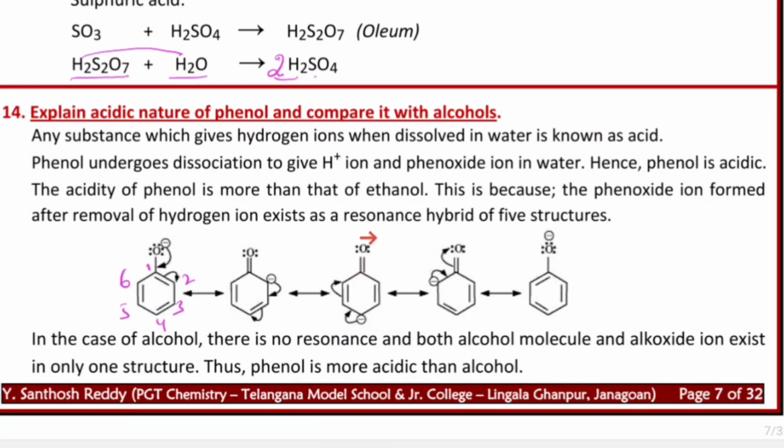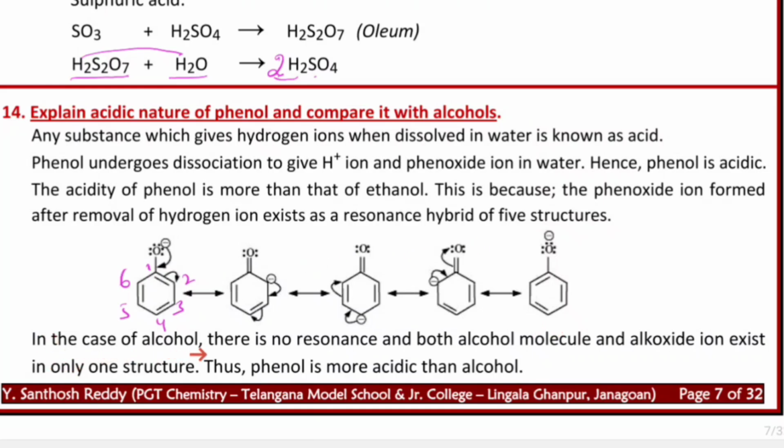You need not write all this explanation, just write the points related to the question and these resonance hybrid structures. The main content here is what are acids. Acids are those which give hydrogen ions when dissolved in water, and next, phenol is more acidic in comparison with ethanol. This is because the phenoxide ion is stabilized due to resonance hybrid structures. That's all. This is a very simple answer.